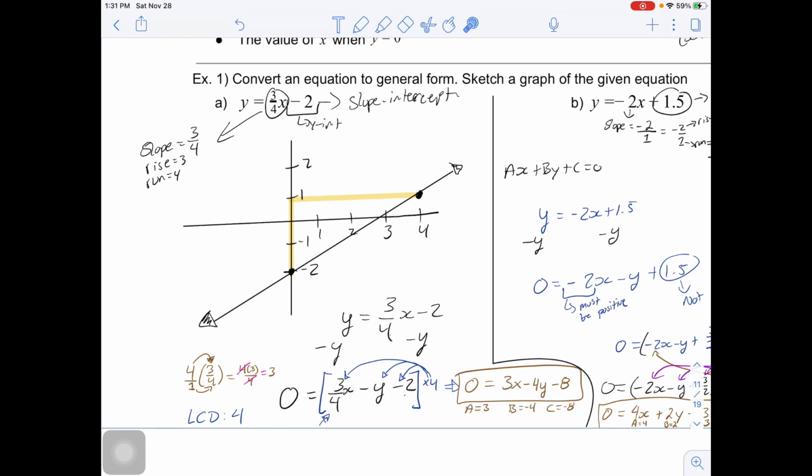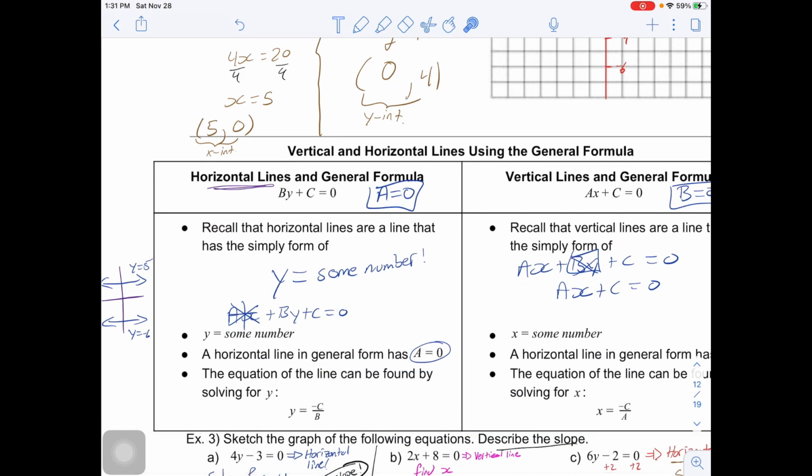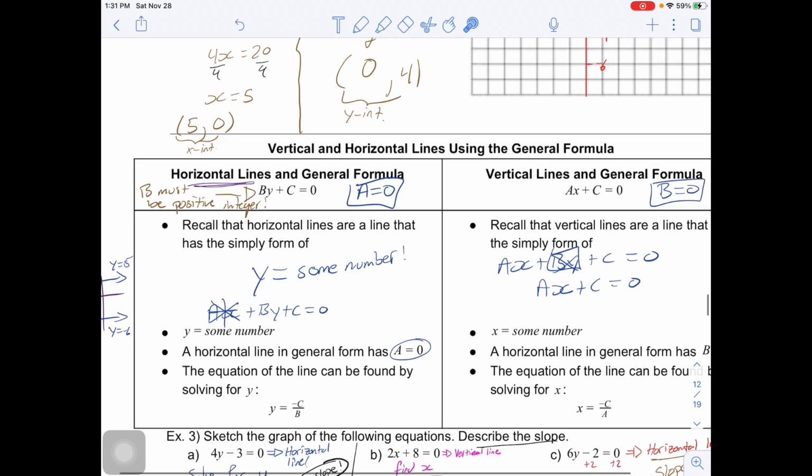Remember the rules of general form where you have all integers, and a has to be positive. Okay, recognize if a is ever 0, so in this case, b has to be a positive integer. Okay, so that's just one thing to note. Let's maybe note that down. B must be a positive integer. So if they ever asked you to represent a horizontal line in general form, that is something to note.